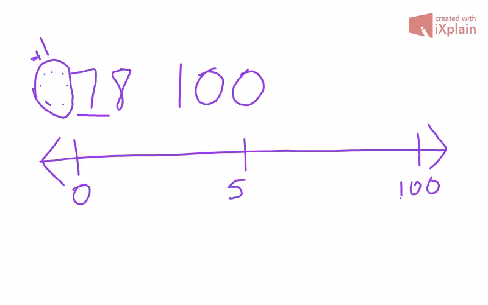Halfway point is 50. And so now we're going to plot it. Let's just say that it goes right about here. So I'm going to put 78 right there on the number line. And by looking at my number line, I can see that 78 is closer to 100. So it will round to 100.